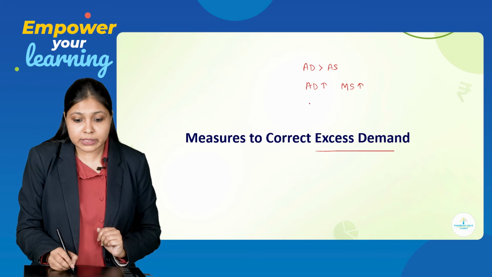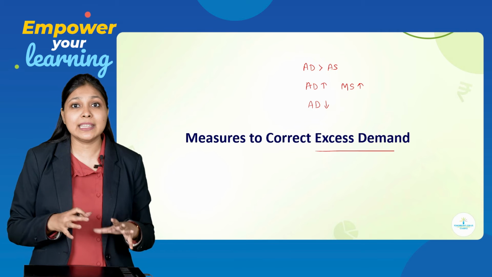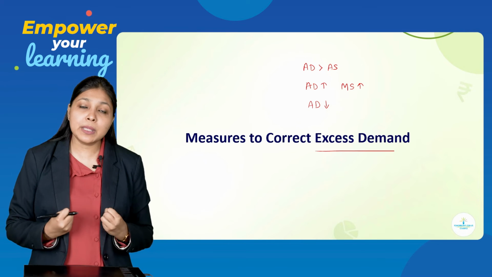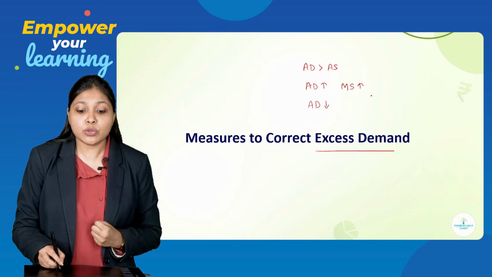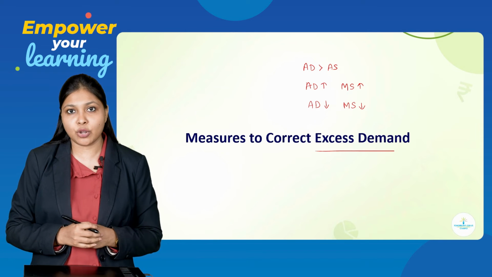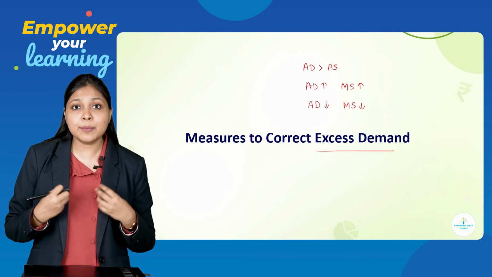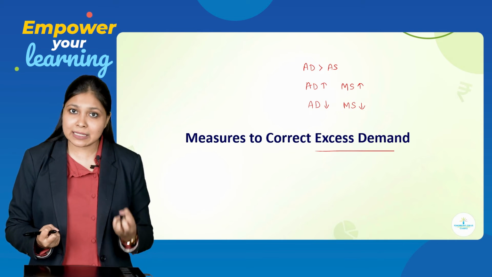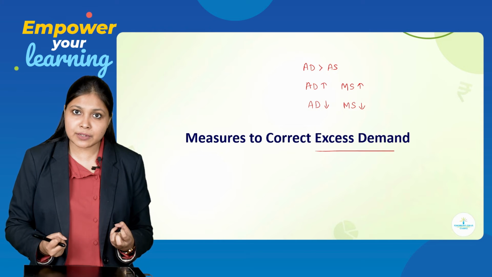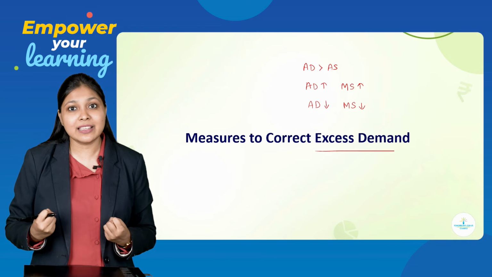We want our AD to reduce. So how will our AD reduce in the economy? For that, we will have to reduce money supply in the economy. If money supply reduces, income in the economy will reduce. And when income reduces, consumption will reduce and automatically aggregate demand of the country will reduce.